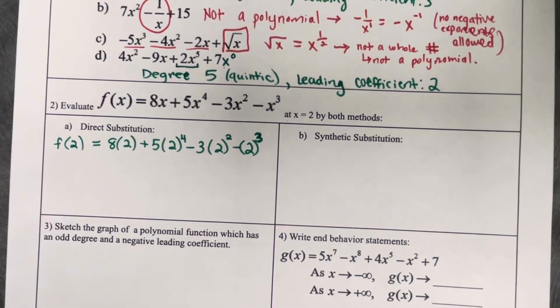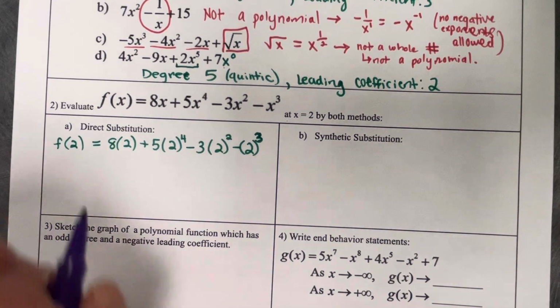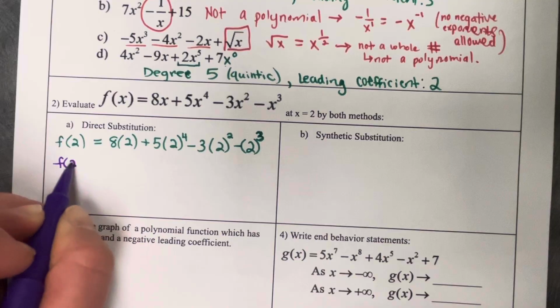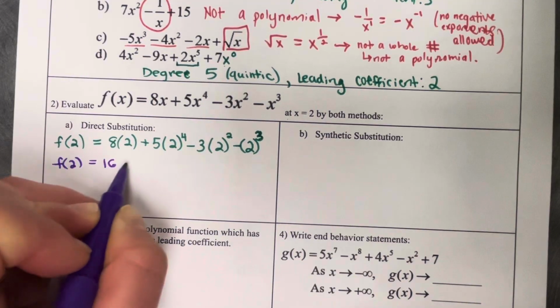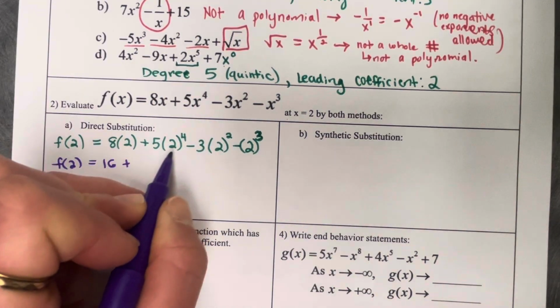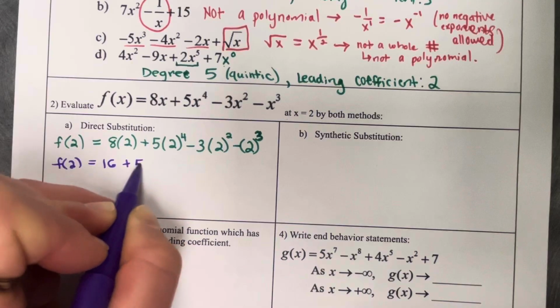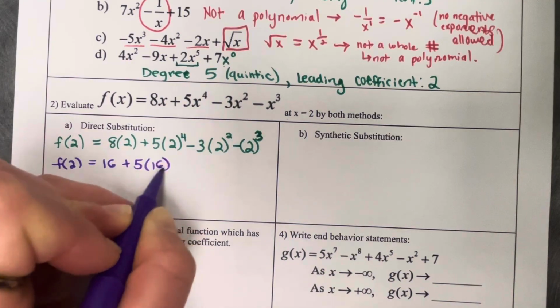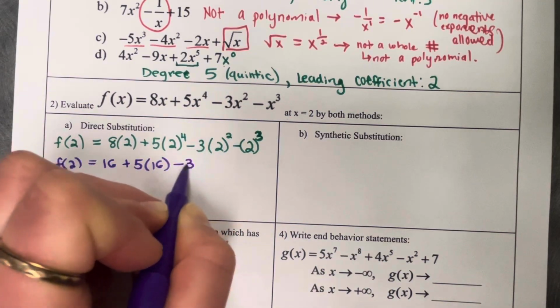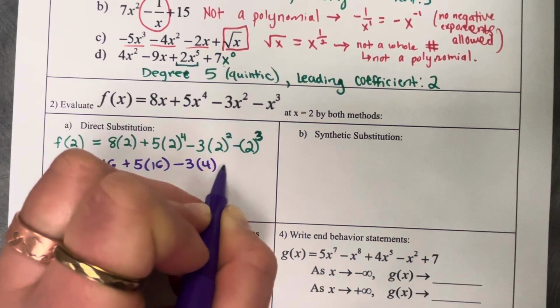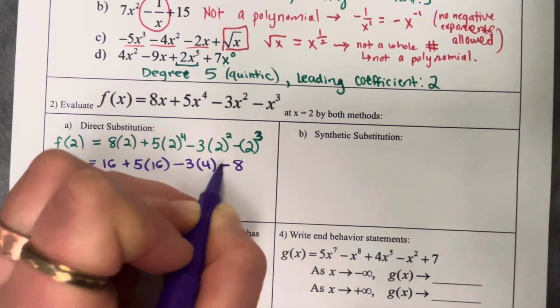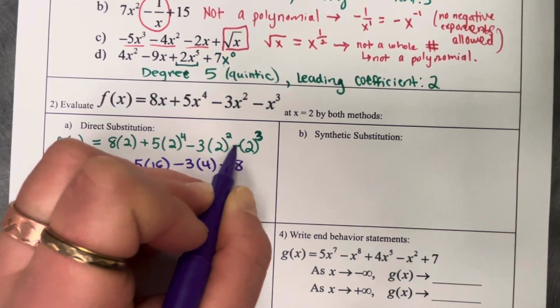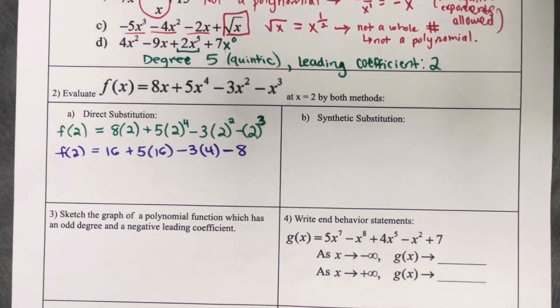So then we do all that math. We get 16 here. 2 to the 4th is going to be 16, so it's 5 times 16. 2 squared is 4, so minus 3 times 4, and then minus 8. Notice that that negative is outside the parentheses, that's why it stays negative.